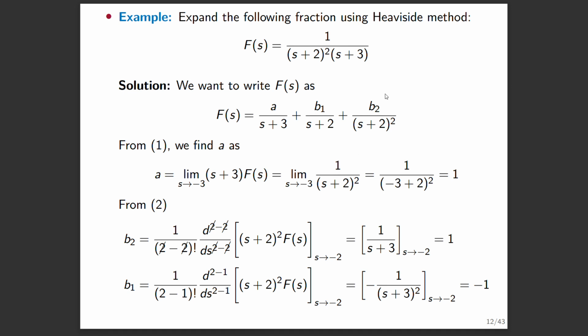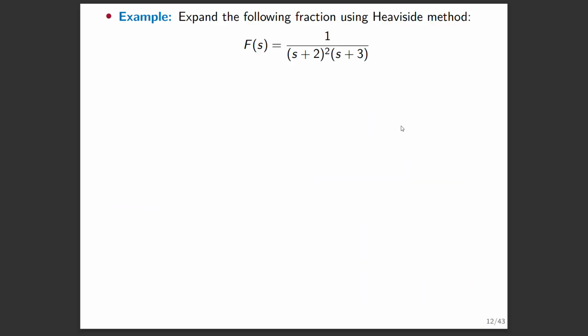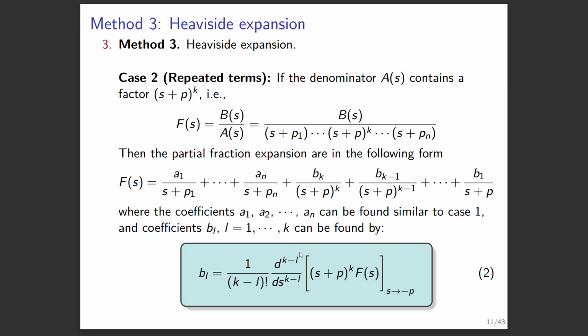For B1 and B2, I have to use the formula. Okay, B2, which is the numerator of the term with s plus 2 squared, let me go back. I'm substituting K and L in this formula.